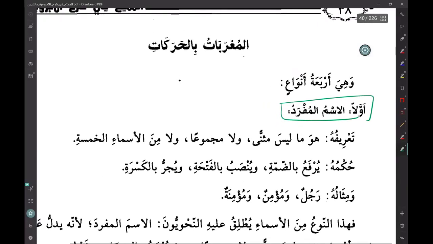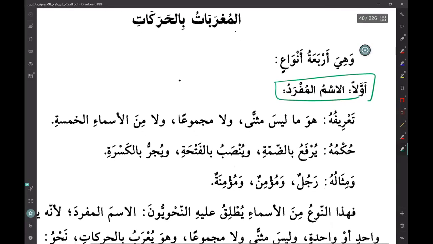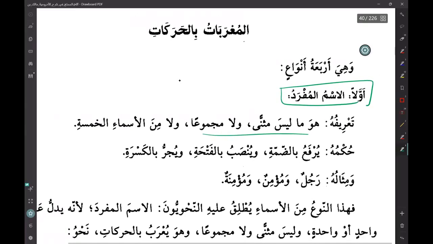So now what we'll do, we'll learn about each one of them, and we will also learn how we do i'rab of those. So how do we do i'rab of the singular noun? Okay, so we already know this definition is not that great. It's fine, but the other definition was better, where it is talking about one, mudhakkar or mu'annath, wahidin or wahida.